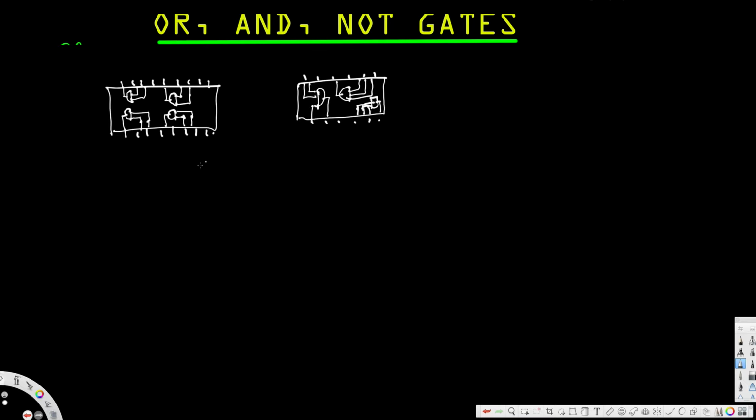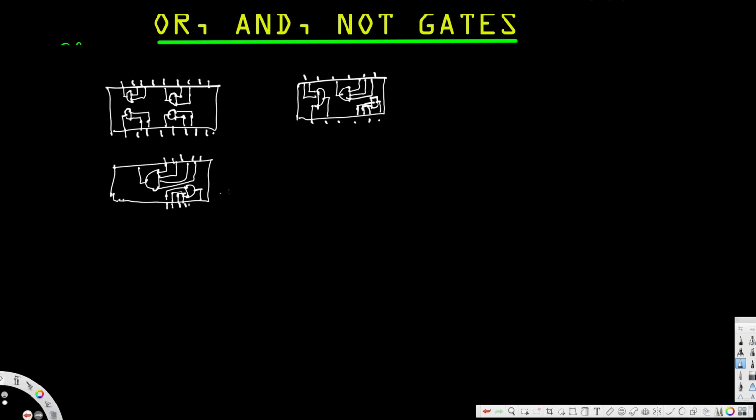If we have a 4-input AND gate, we will have something like this. We will have one on top and one on the bottom, and it will also have legs like this. So these are some types of chips.